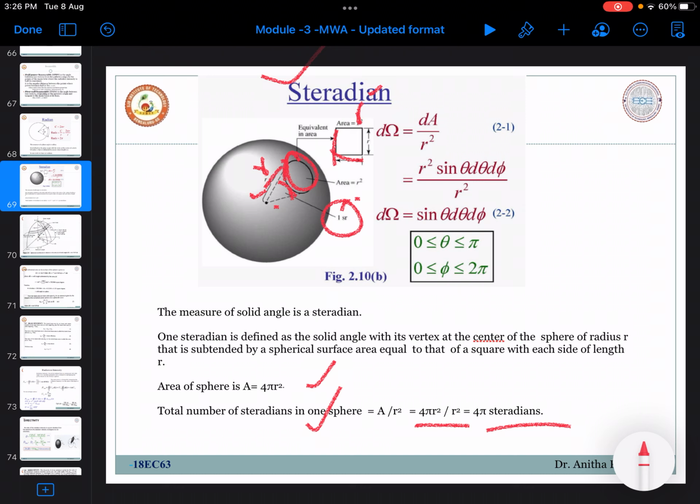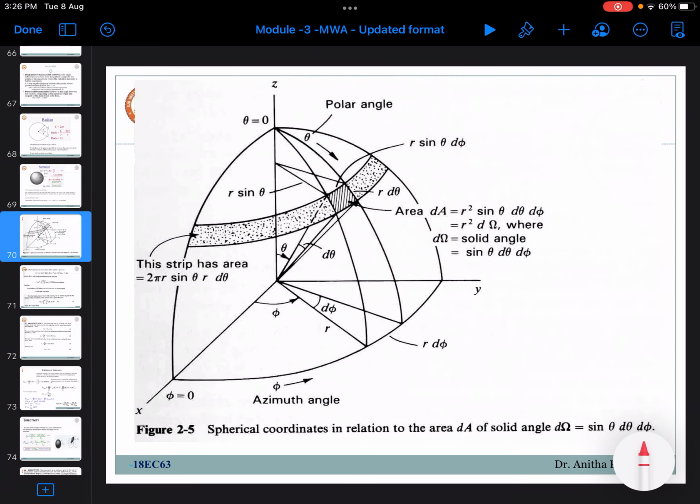Here we have defined a few more parameters, called d omega, which is known as the beam solid angle, which is dA by r square. dA is the incremental area that you can observe from this graph. Consider this as a spherical coordinate system relating the solid angle and the incremental angle. For the smallest area, considering r, d phi and d theta, one can notice the area is r square sin theta d theta d phi.